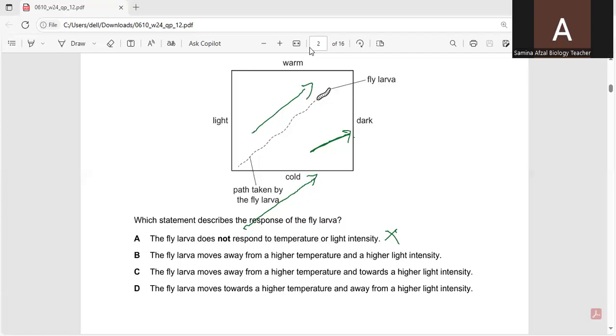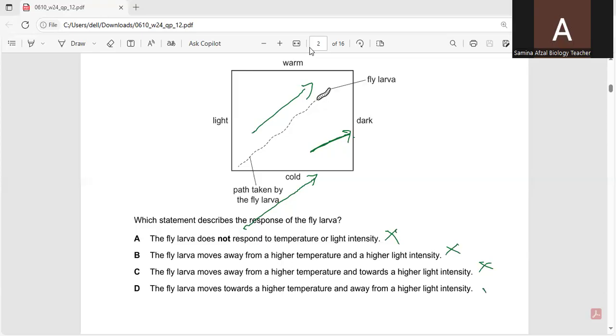The option saying the fly larva moves away from a higher temperature and a higher light intensity is totally wrong. It is moving towards the higher temperature. The option saying the fly larva moves away from a high temperature and towards a high light intensity is again wrong. The fly larva moves towards a higher temperature and away from a higher light intensity.